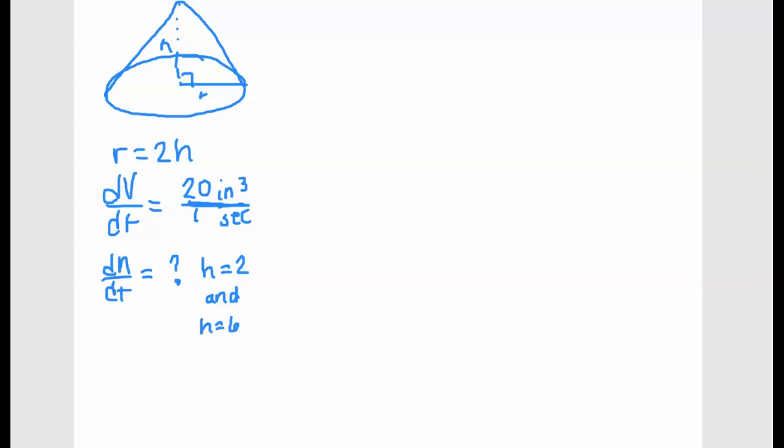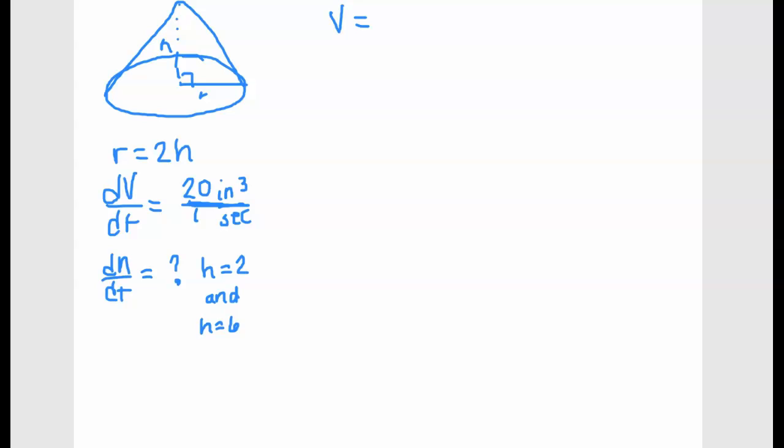So it's kind of like 2 problems in 1. So the geometric equation that's going to relate all of this is the dV/dt we have. So if I have dV/dt, I need V so that I can find dV/dt.